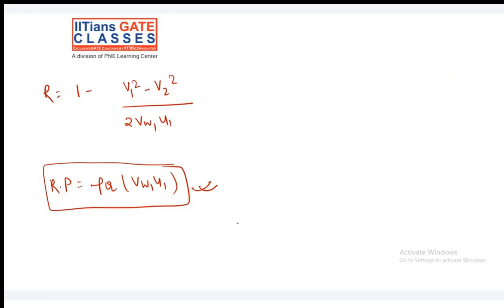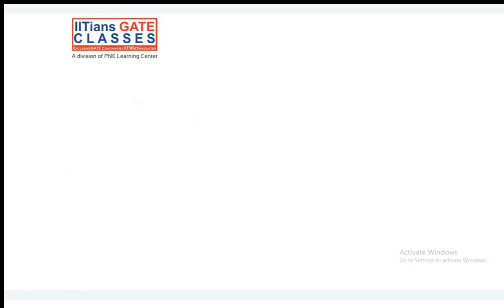So now, based on these facts, let me draw the velocity triangle again, so that whenever the question appears to you, you are able to draw the velocity triangle.